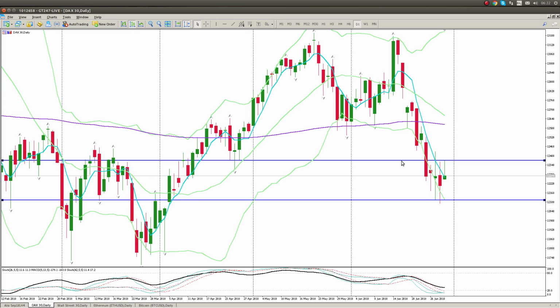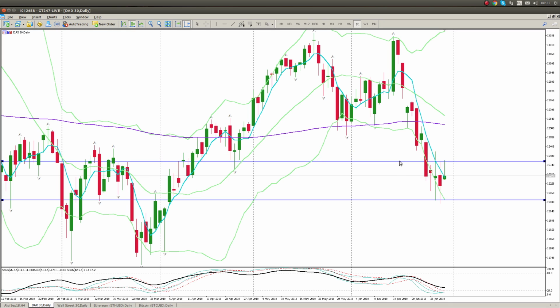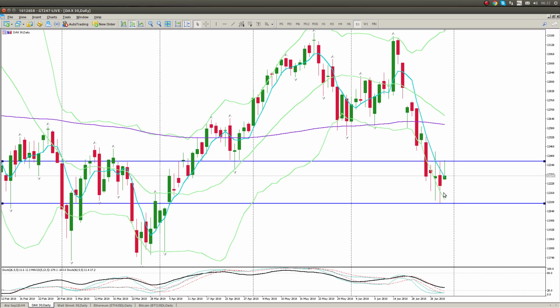That was the first range that we're looking at, this range bar here, and then we formed another range bar. So what I typically do is adjust the range to that, and now what I'm looking for is a break above there or a break below there. That would indicate whether we're going long or short and what the long term is.